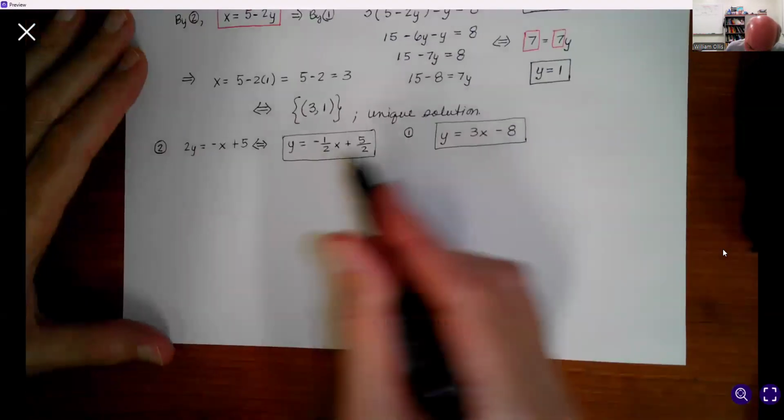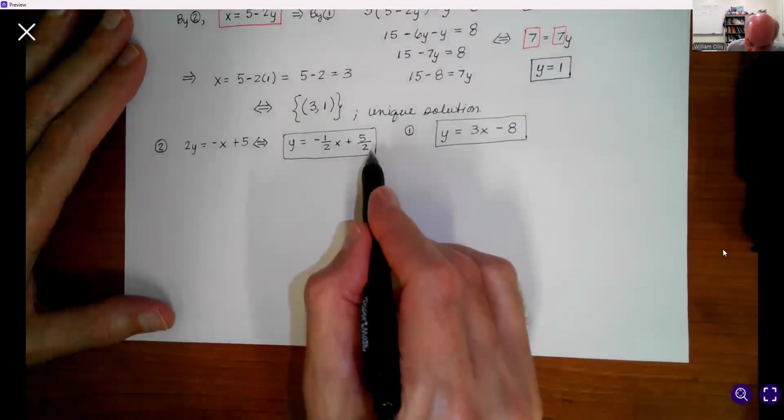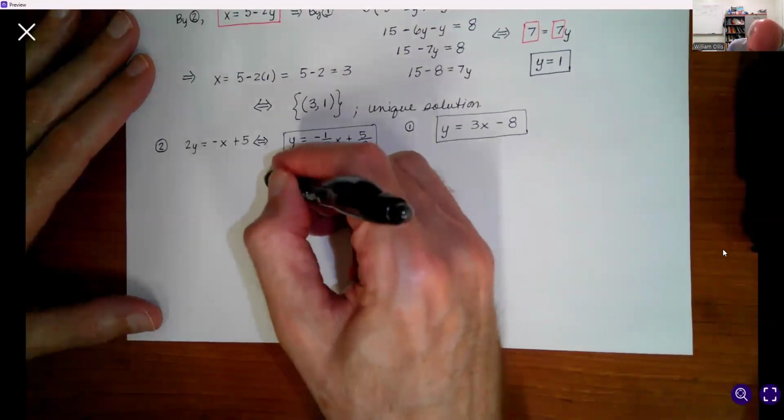So now let's go ahead and do that. We have a simple y-intercept here that's not too big, just 2.5, and we've got a slope of -1/2. So let's go ahead and draw this picture.